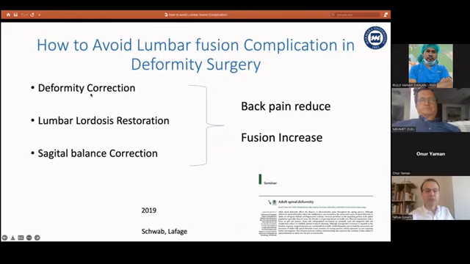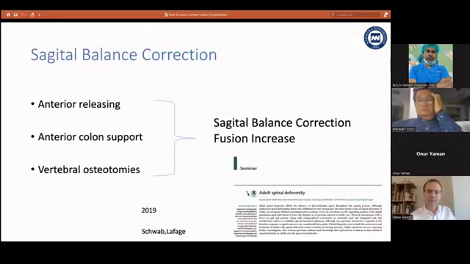For example, if we make a good deformity correction and achieve good lumbar lordosis and sagittal balance, we get strong fusion at the same time, and we see the patient's back pain reduce. Correcting the deformity and getting lumbar lordosis is very important, and we need to make sagittal balance corrections.